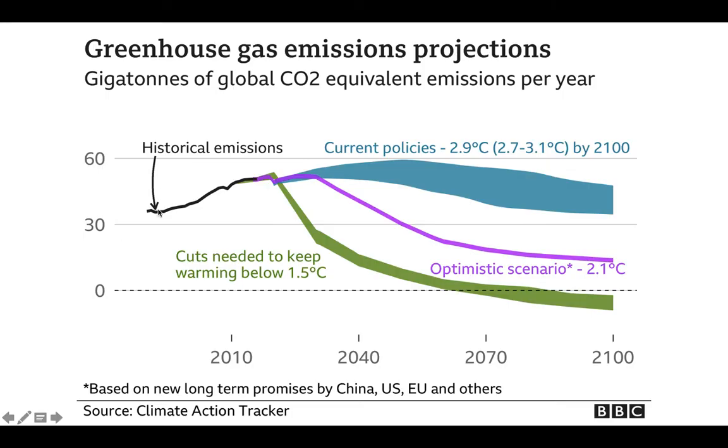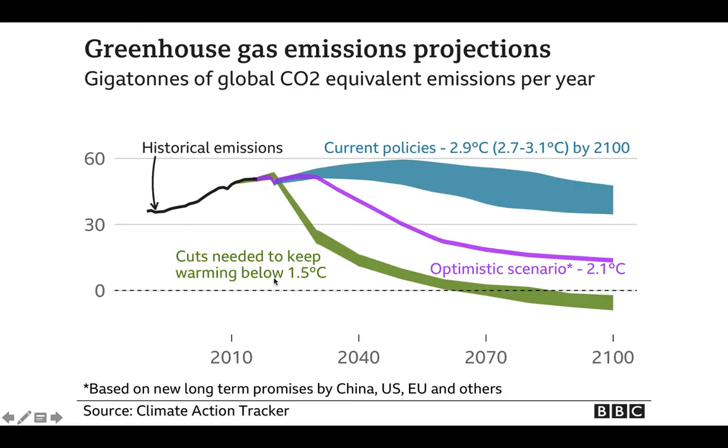Currently, this black line is the data that we have, and you can see CO2 emissions increasing, but leveling off, especially as we reach a carrying capacity of the human population as we approach 11 billion. With current policies, projections say that we'll get about 2.9 degrees Celsius of warming by 2100, which is a lot if we don't curb our emissions.